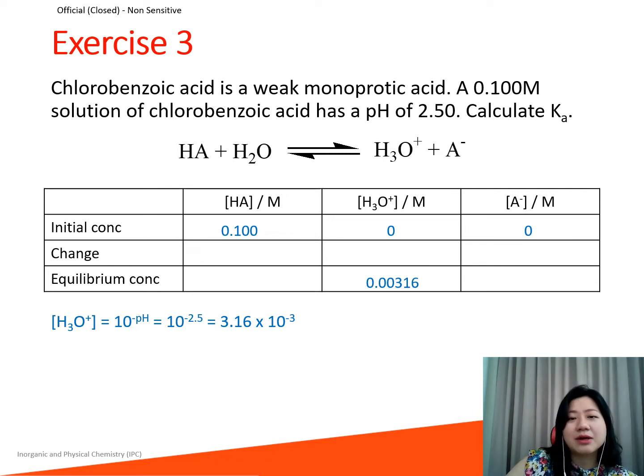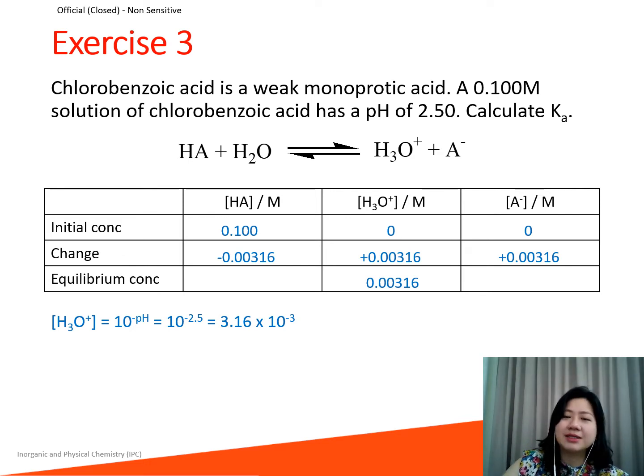With this, we can also fill in the change in concentration. The stoichiometric ratio of HA to H3O plus to A- is 1:1:1. But since HA is a reactant, it will be consumed, whereas H3O plus and A- will be produced.